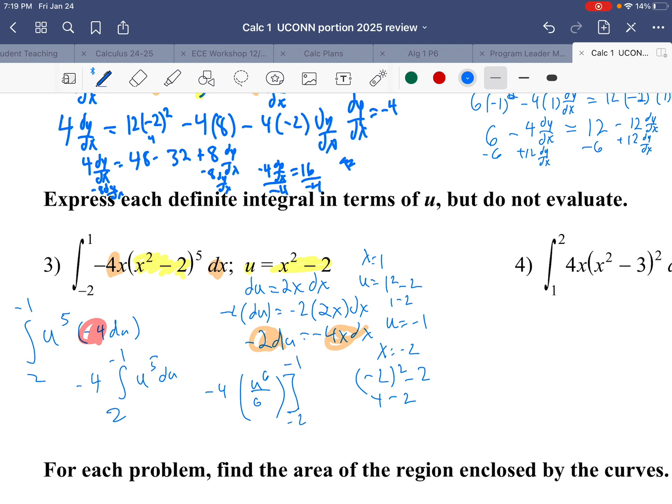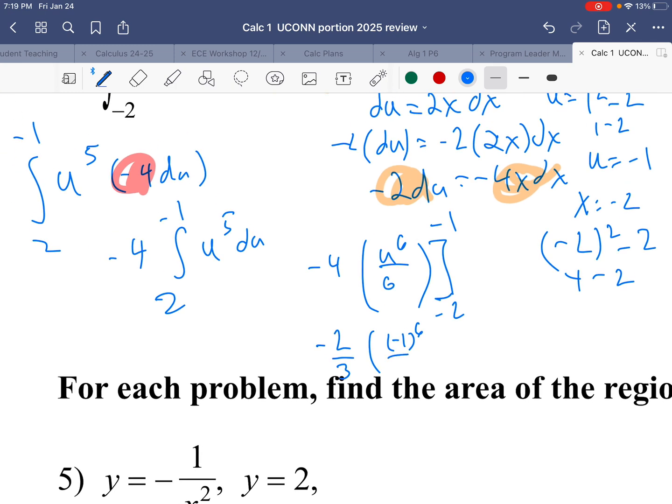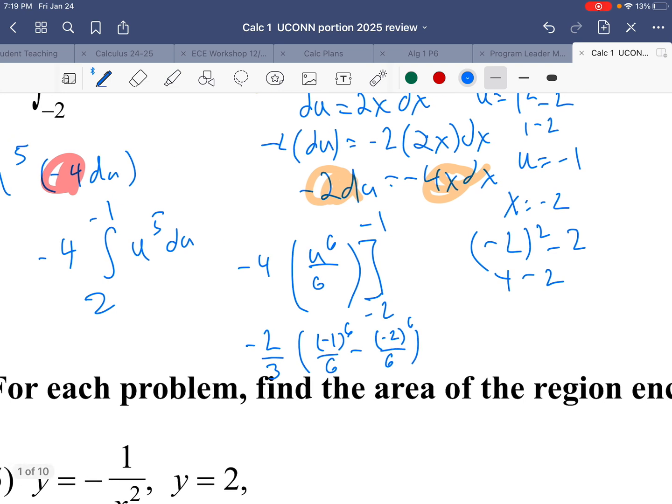If I'm multiplying by negative 4 and dividing by 6, it's like I'm multiplying by a negative 2/3, and this would look like negative 1 to the 6th over 6 minus a negative 2 to the 6th over 6. Negative 1 to the 6th is 1, so it's like 1 over 6 minus 2 to the 6th would be 2, 4, 8, 16.